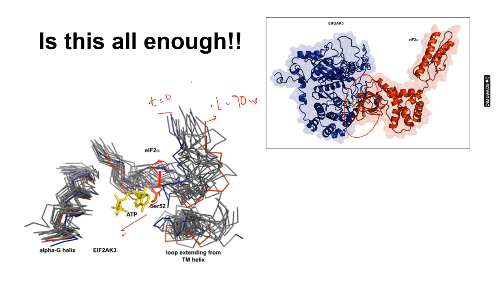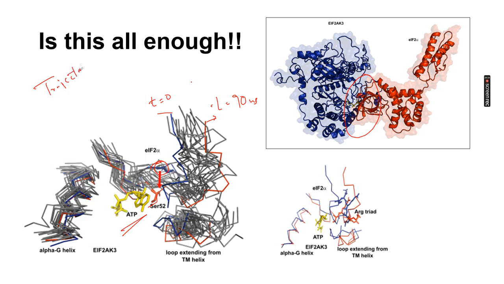So these are the kinds of things you need to observe in the trajectory, and you have to create some beautiful pictures and report them in your publications or thesis. Another thing is that at this location we have arginine residues, three arginine residues.